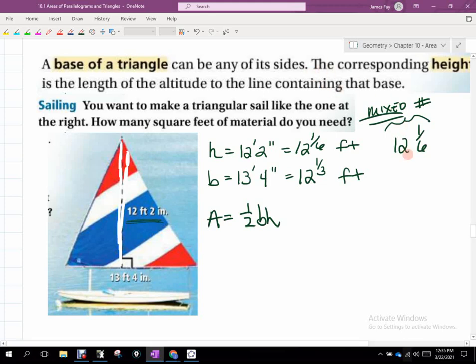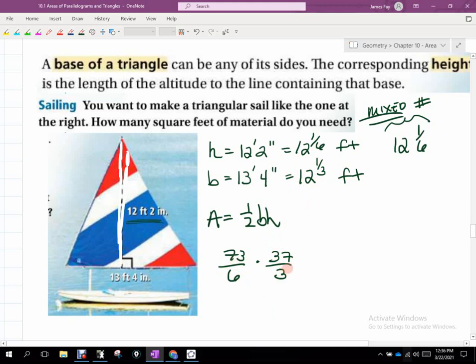I need to make that, what's 12 times 6? 72. So I need to make that 73 sixes. What kind of fraction is that called? Improper, right? Okay, because the numerator is bigger than the denominator. And I will change this one here to, what, 36, 37 thirds. So there's B and there's H.